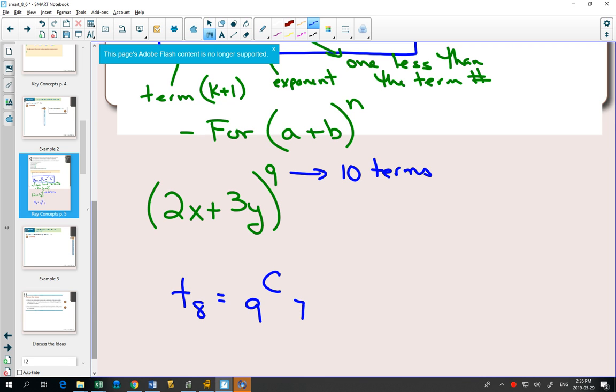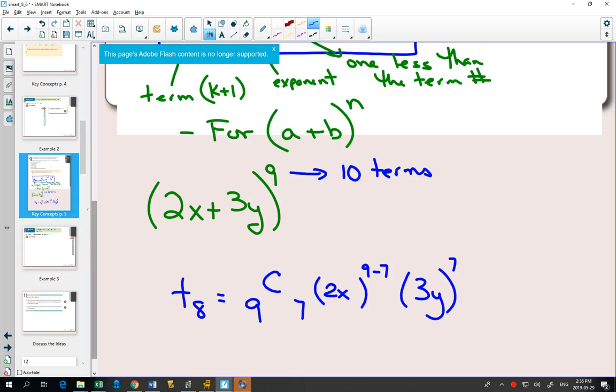And what that will do is it will give you the number from Pascal's triangle that should be in front. And if you're finding the 8th term, your first term, which is 2x, the first term has it to the power 9, then 8, then 7, then 6. It will now be to the power of 2. And your second term will be to the power of 7.